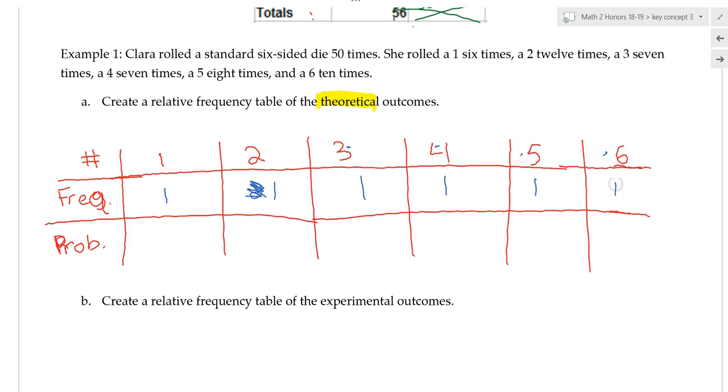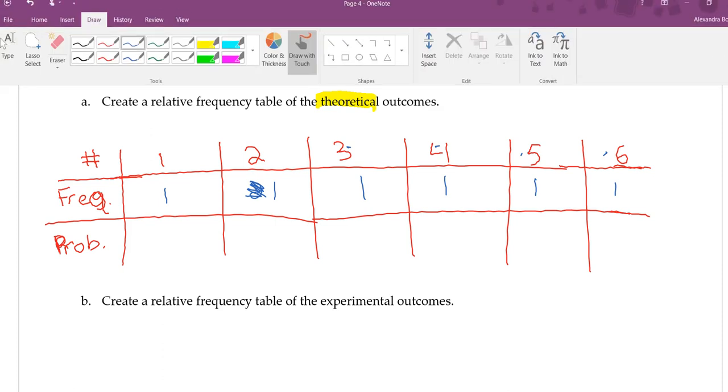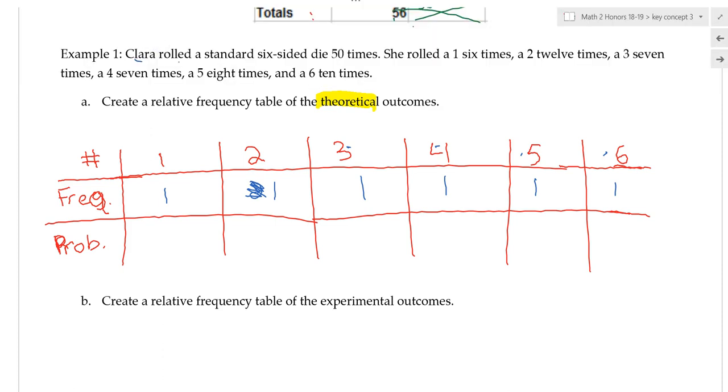How many 6s? 1. So this has nothing to do with what Clara actually rolled. That's the experiment she did. Theoretically, there's just 1 of each number on the die. So that gives us 6 total sides. So my probability for all of these is 1 out of 6. And that's it for your theoretical.